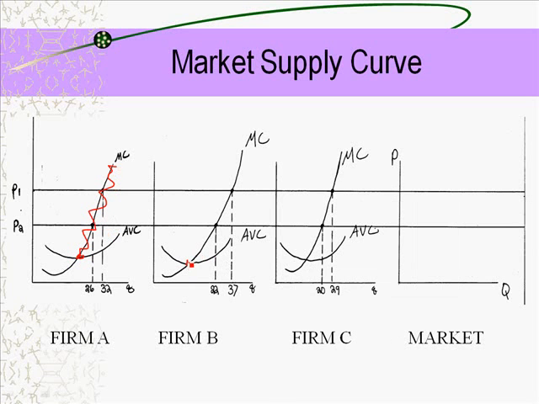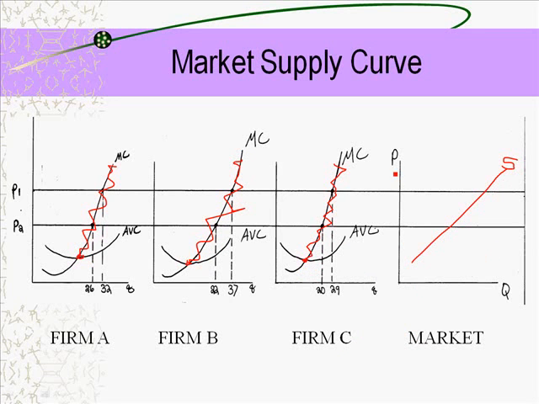And all of that on each of these individual firms became what we call the supply curve. And so if you'll notice, each of these is upward sloping and to the right. So we're going to draw our supply curve that way.